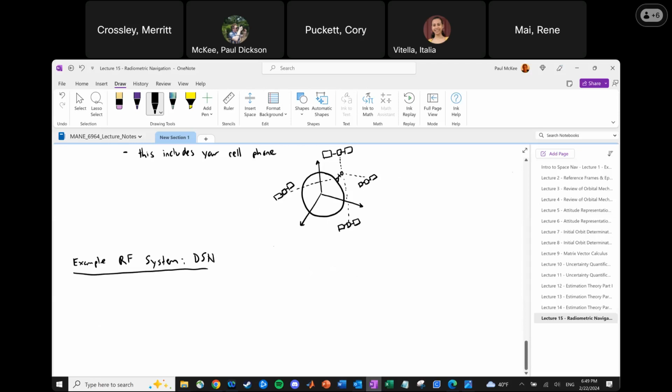DSN stands for the Deep Space Network. The Deep Space Network is the most sensitive telecommunications system in the world. And I think about that and it's like, well, it's not technically in the world, right?